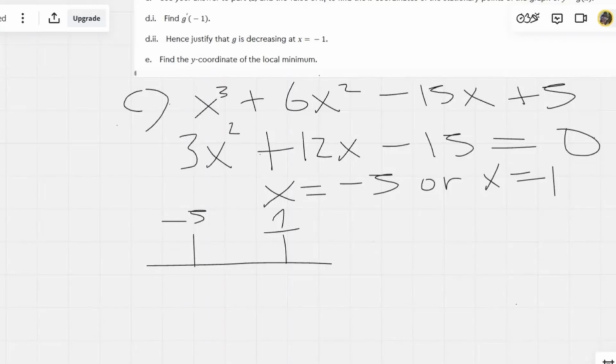So we plug 2 into the derivative of g of x. That gives us a positive number. And then we're going to plug in 0. That gives us a negative number.